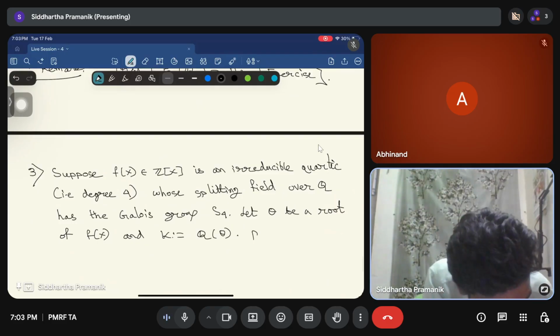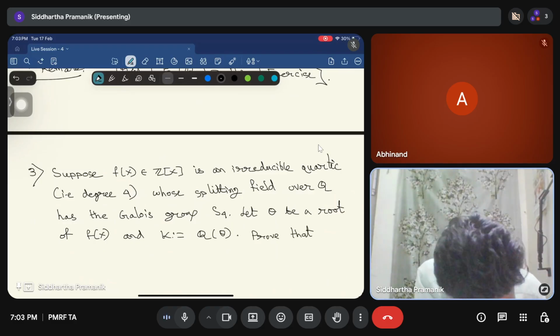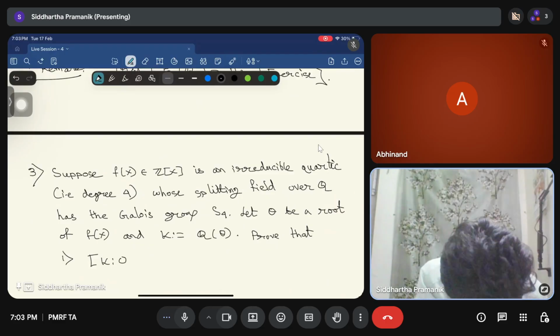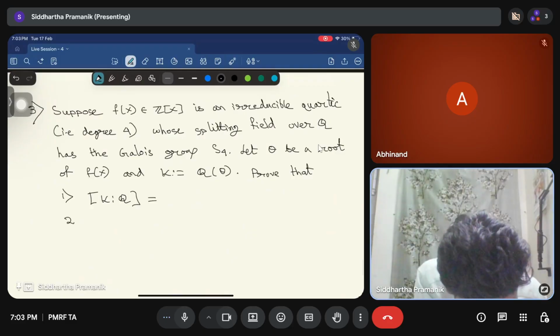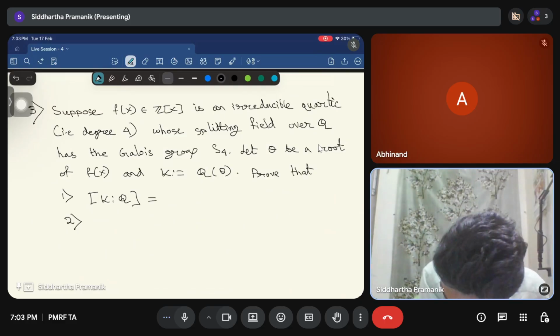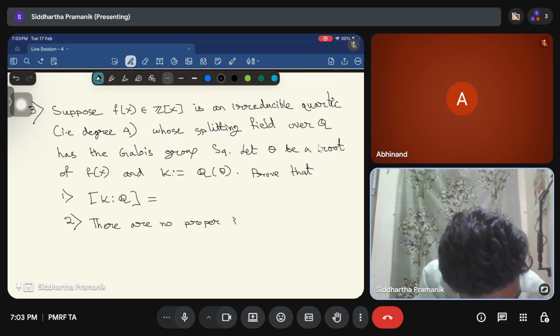Then prove that, first, what is the degree of K over Q, and second, there are no proper intermediate fields.